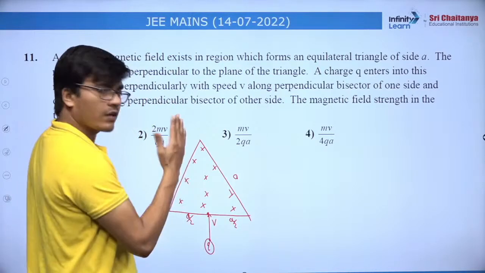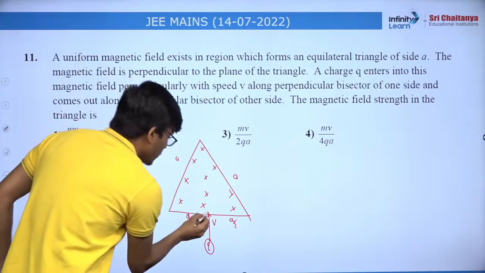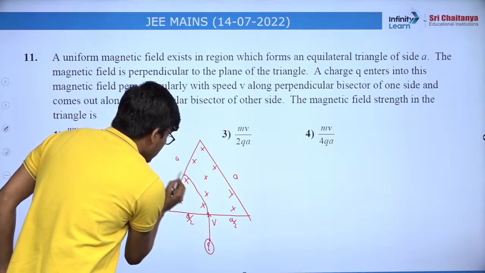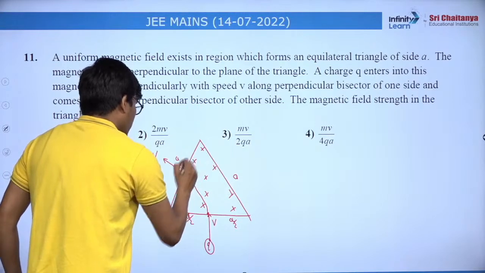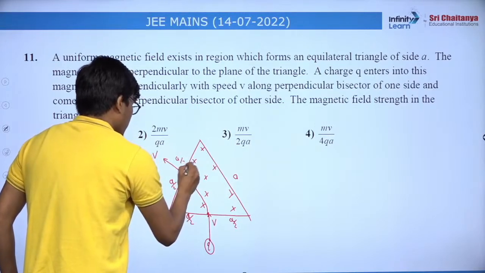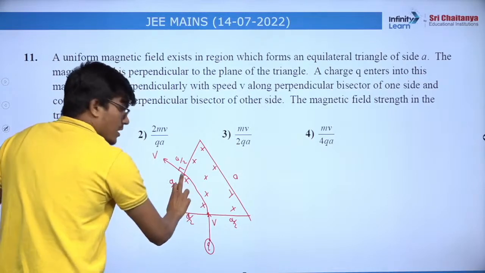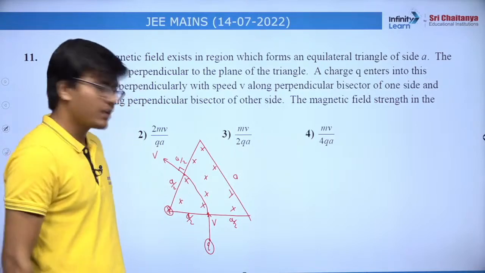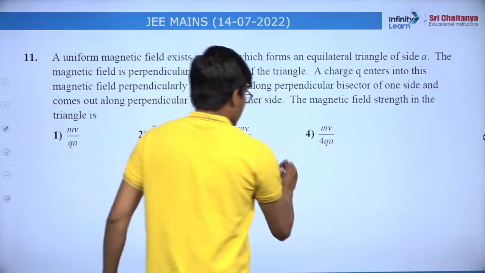Now see, V cross B is the direction of force, so it will do circular motion like this, and they have given that it is also emitting with the speed V from the perpendicular bisector. This is again A by 2 and A by 2. So if both are intersecting here, definitely this has to be the center, and A by 2 is the radius of the circle in which this particle is moving, right?